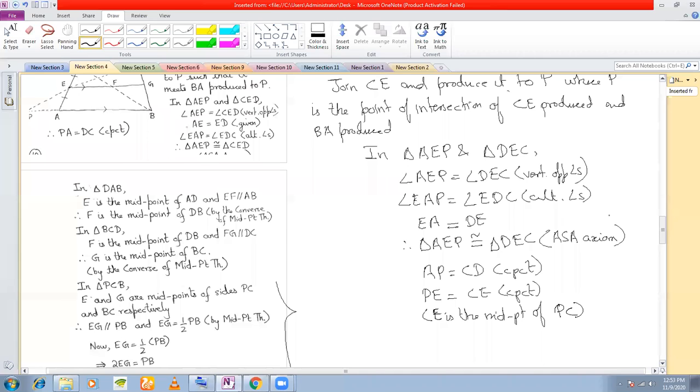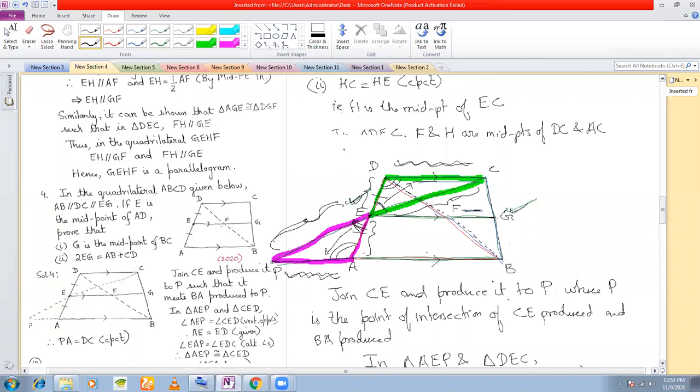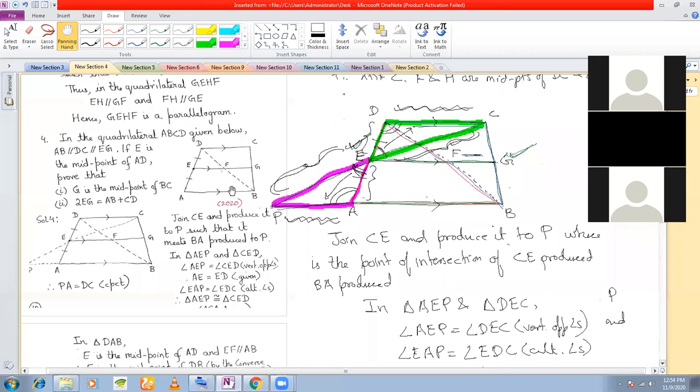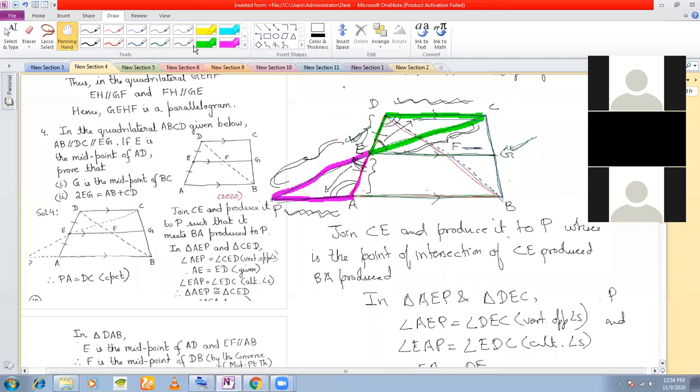Can I say or not? If these two are equal, then I can say that E is the midpoint. Right? So now I have shown that E is the midpoint of PC. Now what am I going to do? I have shown that E is the midpoint. Now I'll apply my midpoint theorem in this big triangle here.